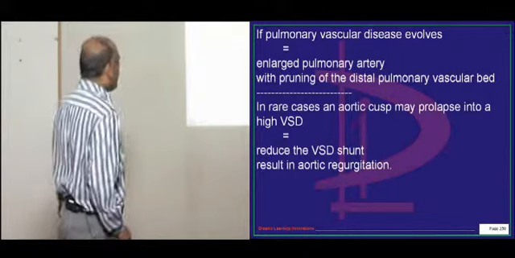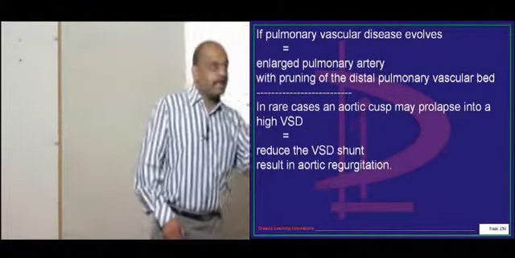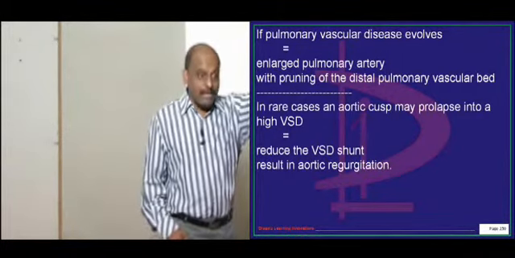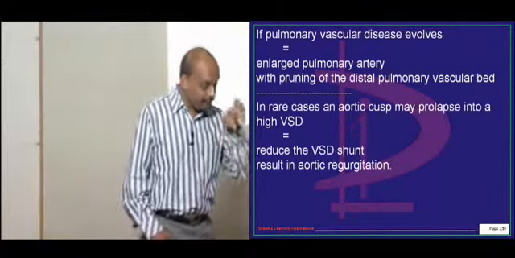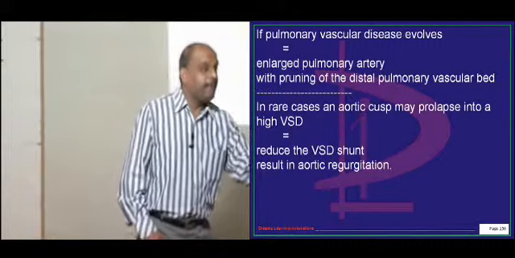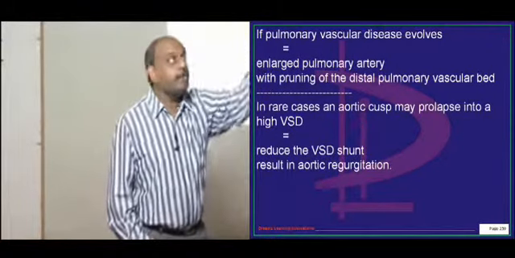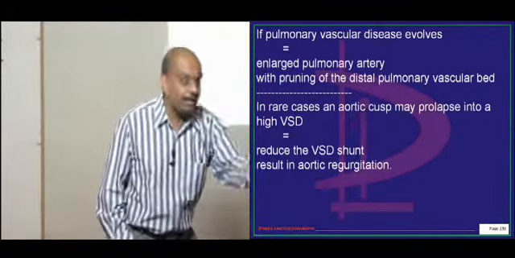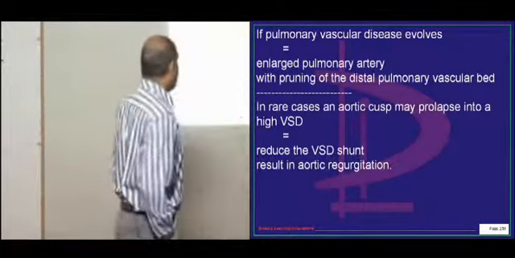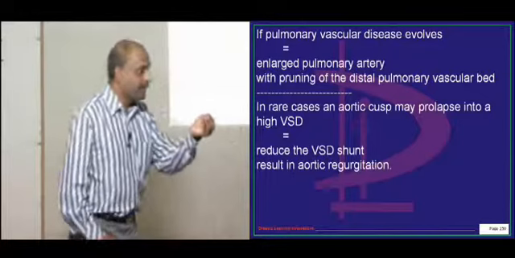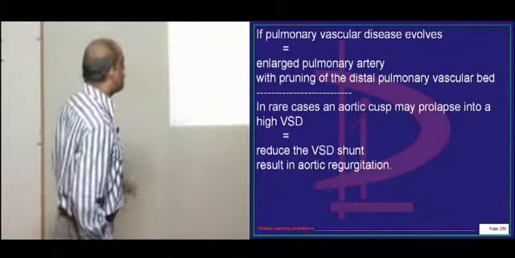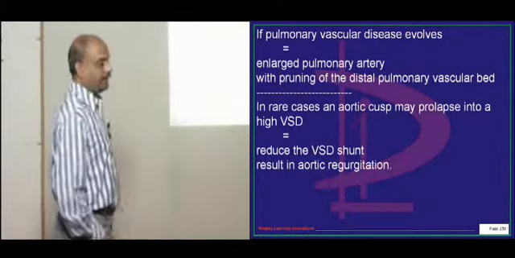In rare cases, the VSD is located in a subvascular location below the level of the aorta. We have seen trabecular type, muscular type, membranous type, and it can be located just below the level of the aorta. In such scenarios, there can be an associated aortic cusp prolapse with the high-level VSD.